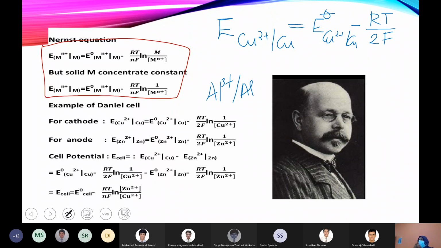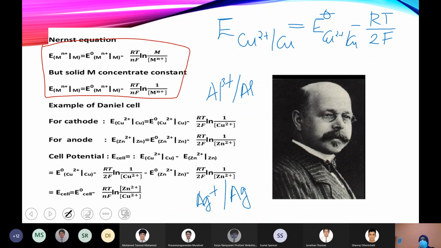If you have chromium, again 3. Like that, the value of N will change. For silver, we write Ag plus bar Ag. How many electrons are getting transferred? 1. So based on the metal, the N value will change. Other than that, R, T and F are constants.